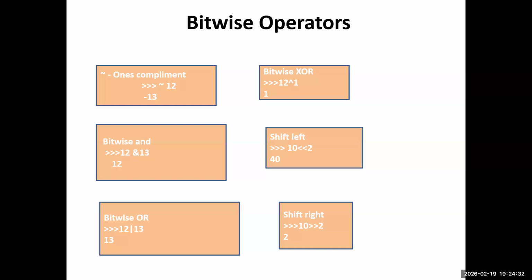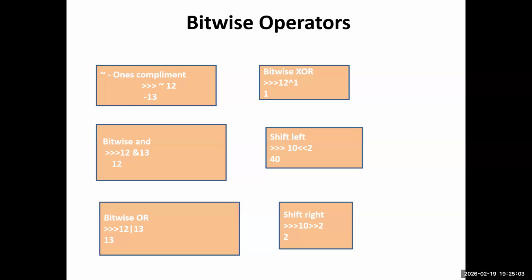So this is a bitwise operator. Again, the same will be repeated. For the bitwise operators, the first one is the tilde operator. The symbol is called tilde. It helps to print the one's complement value. For example, you have a binary representation.